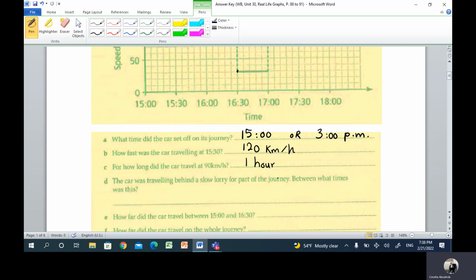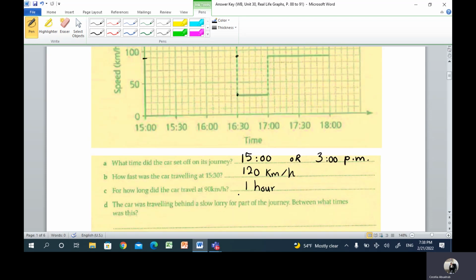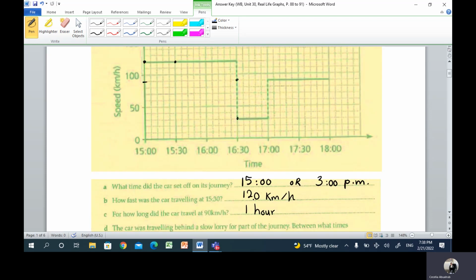The car was traveling behind a slow lorry for part of the journey. Between what times was this? In which part was this?